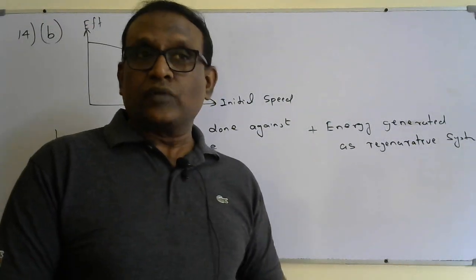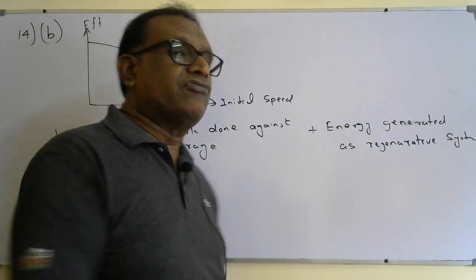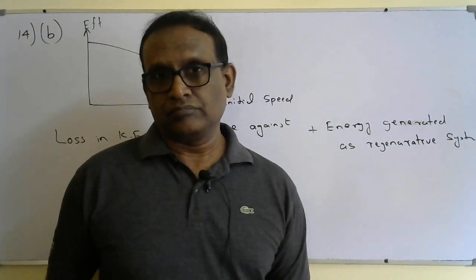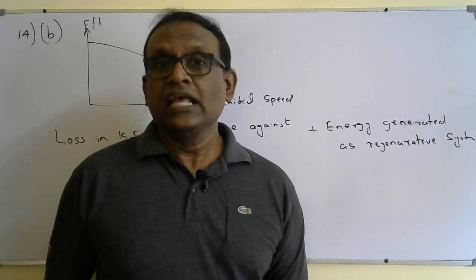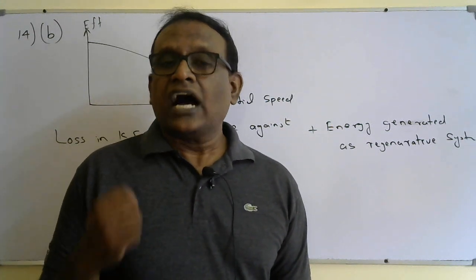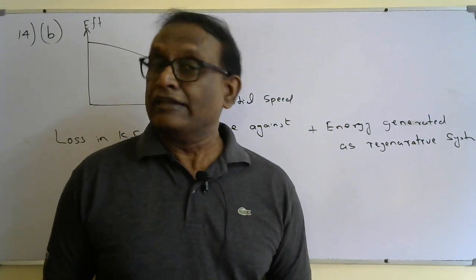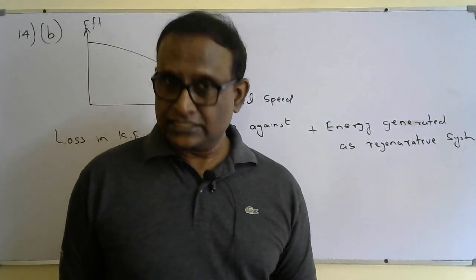So what will happen? The energy given to the regenerative system will become smaller. When the car travels at higher speed and brakes, it will lose a large amount of kinetic energy. That's true.